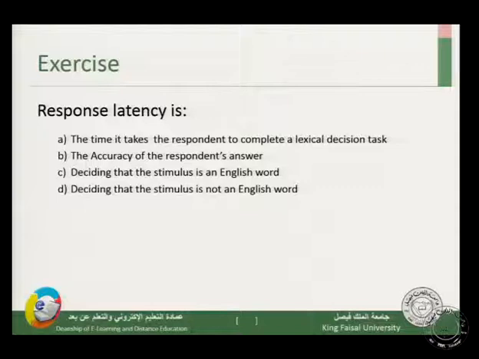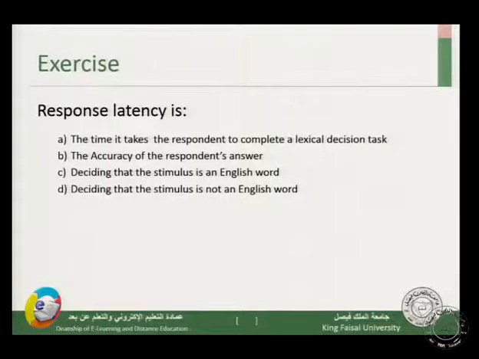Does it mean the time it takes the respondent to complete a lexical decision task? Does it mean the accuracy of the respondent's answers? Or does it mean deciding that the stimulus is an English word or not? Or does it mean deciding that the stimulus is not an English word? Okay? So I will give you some time to read the available choices and to decide. Then I'm going to give you the answer.